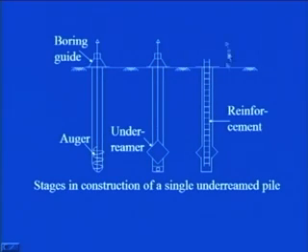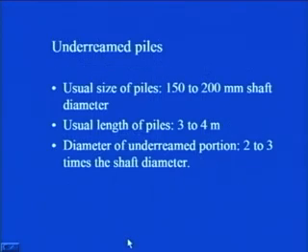You can repeat this process again, and then you can simply lower the reinforcement cage in this manner, and then the concreting can be done. So, these are the various stages in the construction of a single underreamed pile.